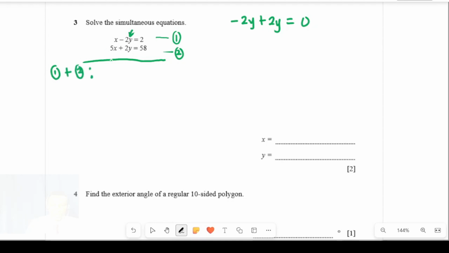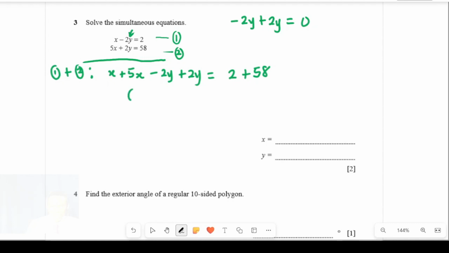So that will be x plus 5x, then you have minus 2y plus 2y, equals 2 plus 58.